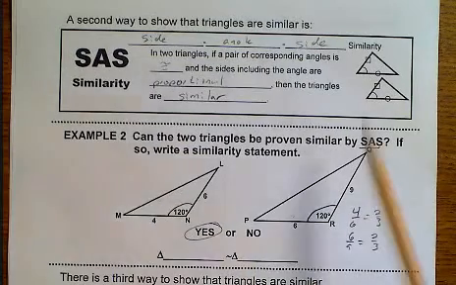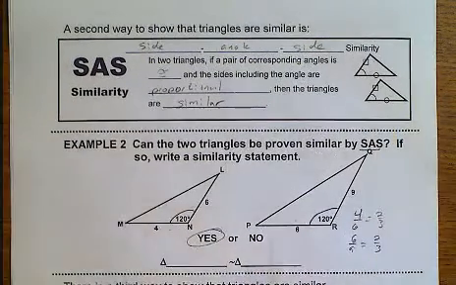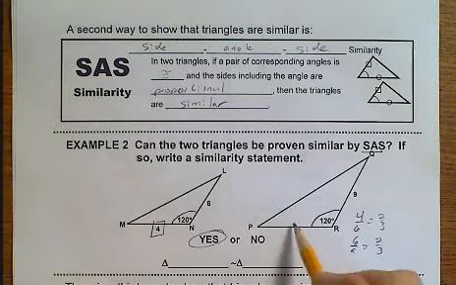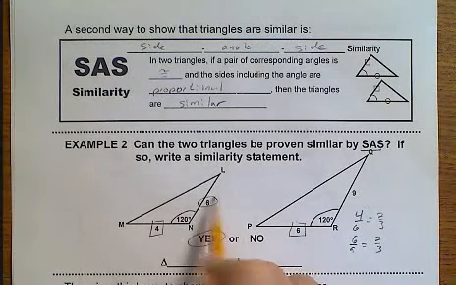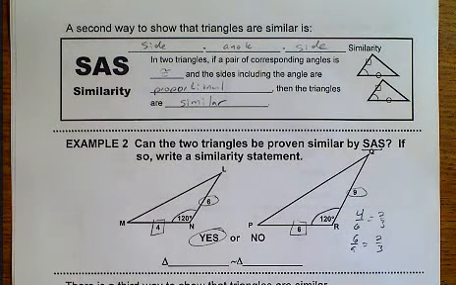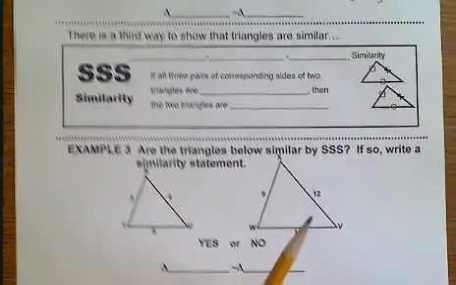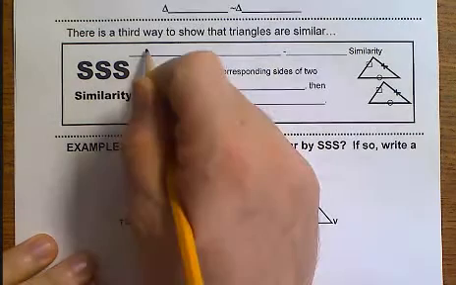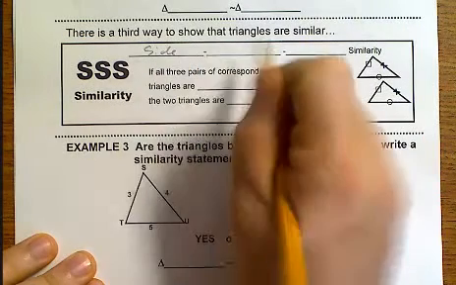And I'm going to go ahead and mark them similarly to what we have here, just to show that they are proportional. Not congruent, but proportional. Well, let's take a look at a third method. The third method is side, side, side similarity.